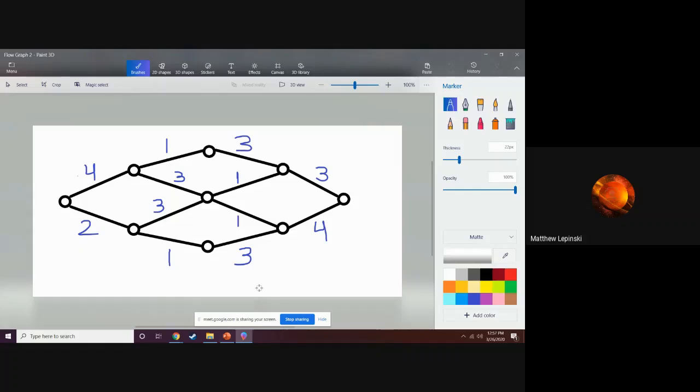So if you have traffic or you were worried about accidents clogging up a bridge, then you can build parallel infrastructure for robustness, but this increases the cost.